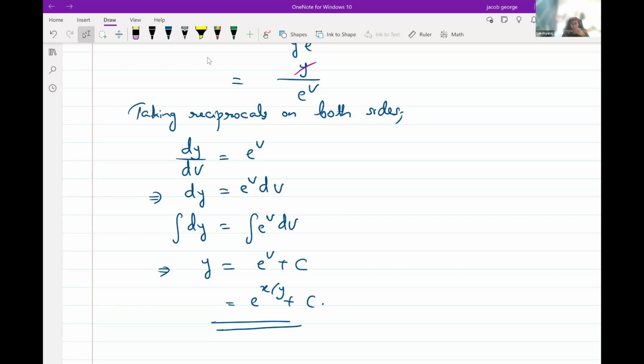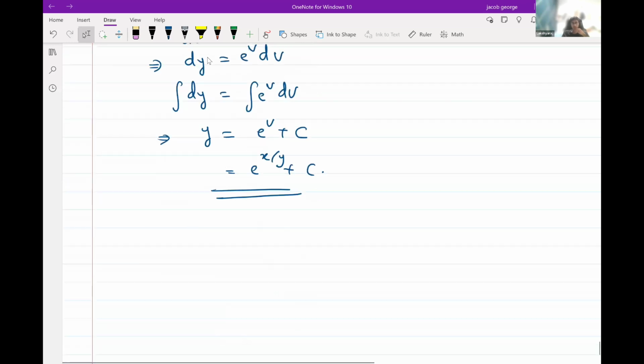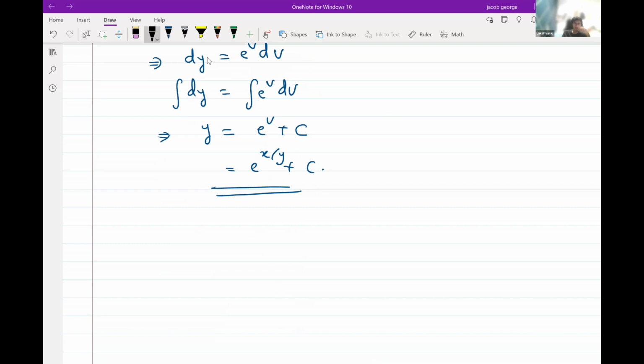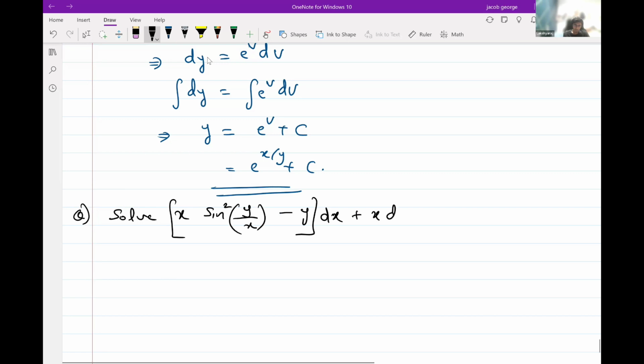Okay, so please write a particular solution question. Solve x sine square y by x minus y, this is in a square bracket, outside the bracket, into dx plus x dy is equal to 0.